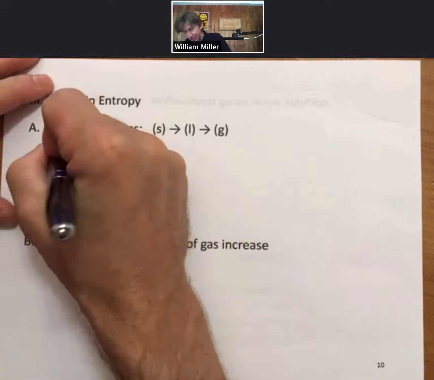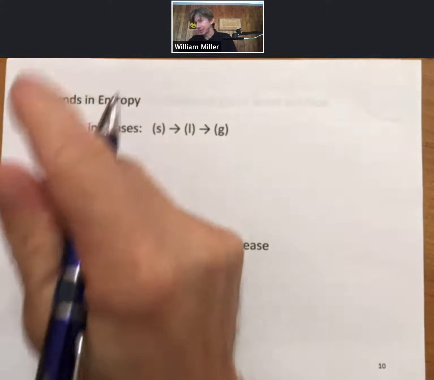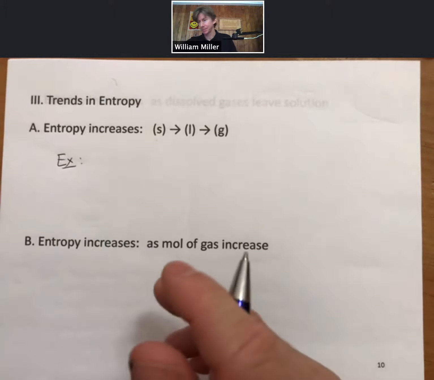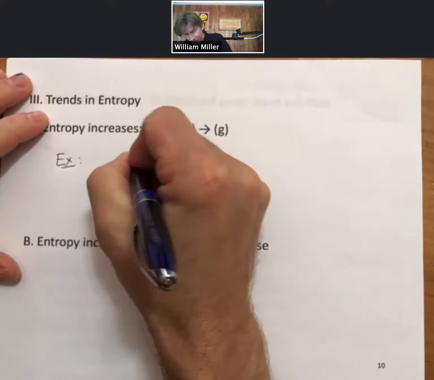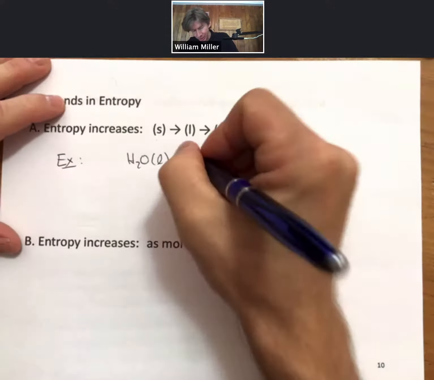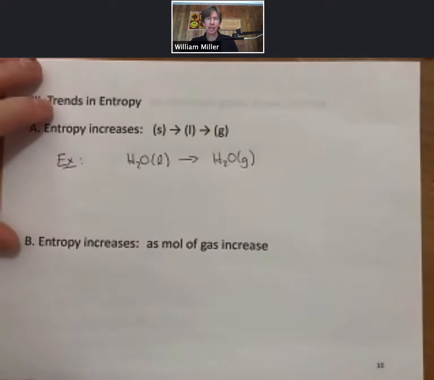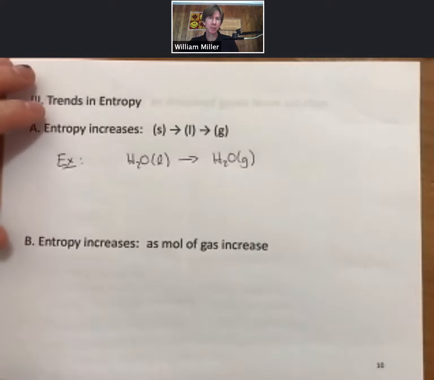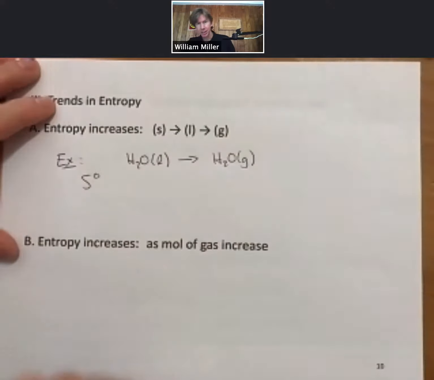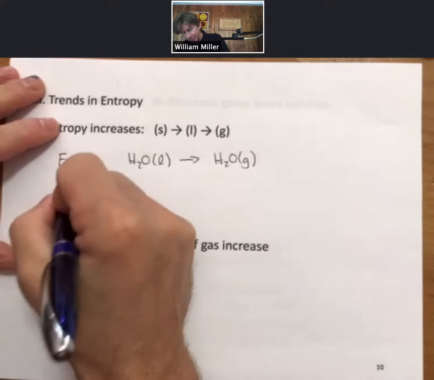And as an example, if you look at H2O liquid going to H2O gas, and you look up the entropy values from the conversion and equation sheets, you'll see their entropy under standard state conditions.